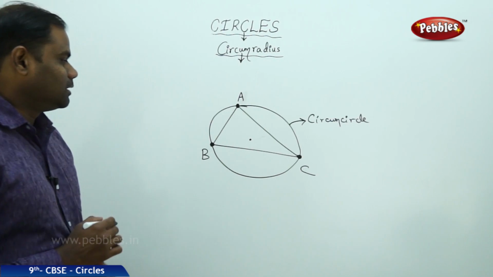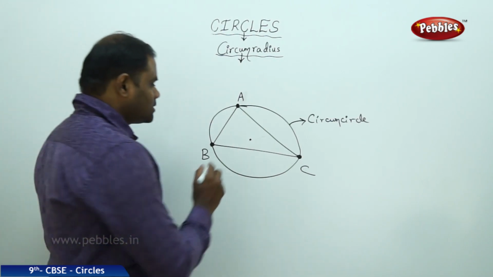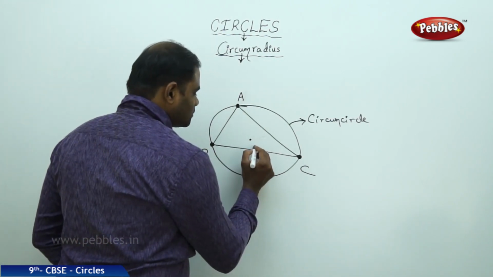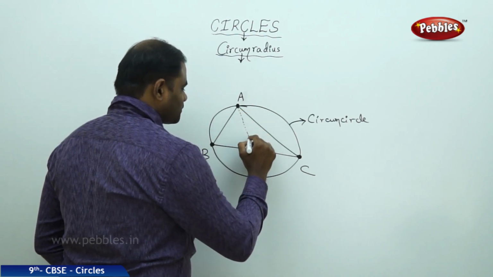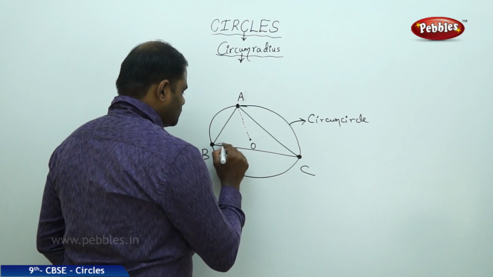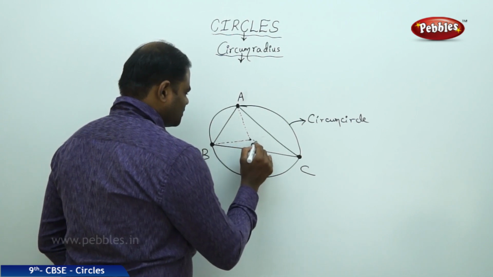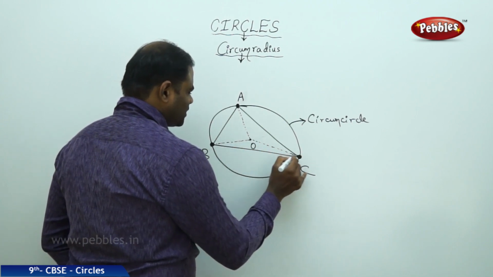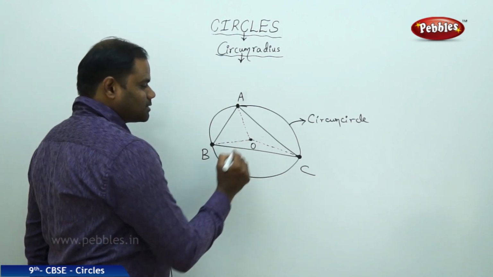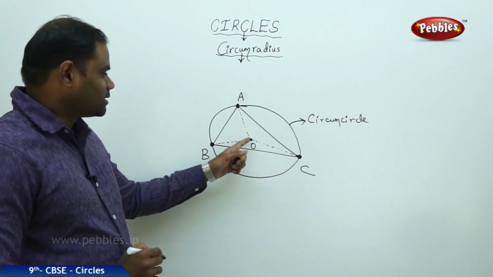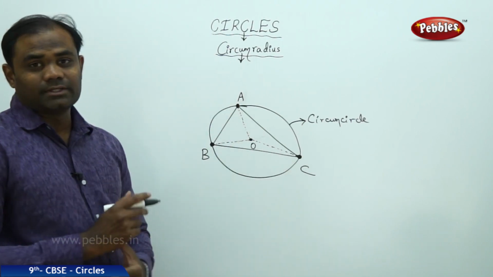then clearly I see that the distance of this center from the vertex A and from vertex B and from vertex C is same, because this is the center of the circle. The distance of the center from each of the vertices is same.